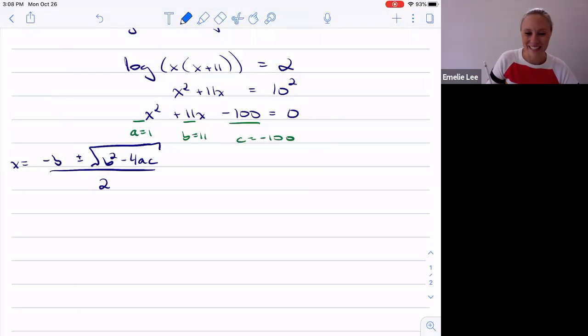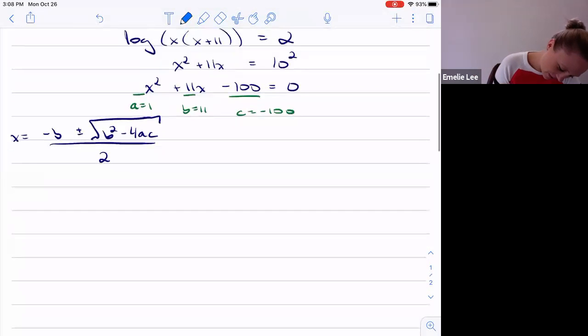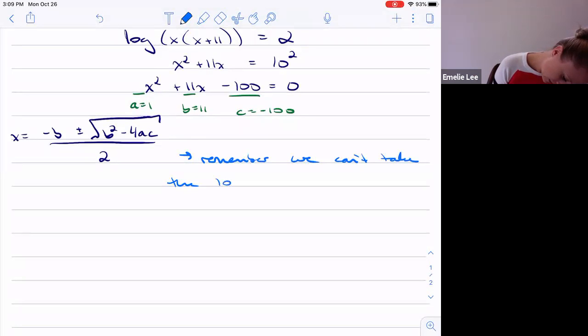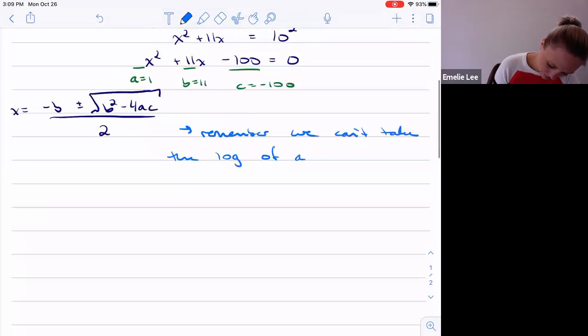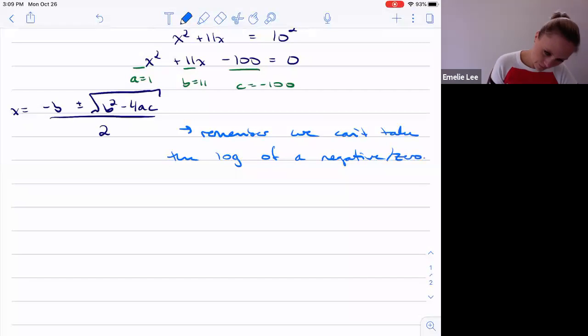Michael keeps saying it in the chat. Remember, can't take the log of a negative number. And so I'll put it in here. Remember, we can't take the log of a negative or 0.